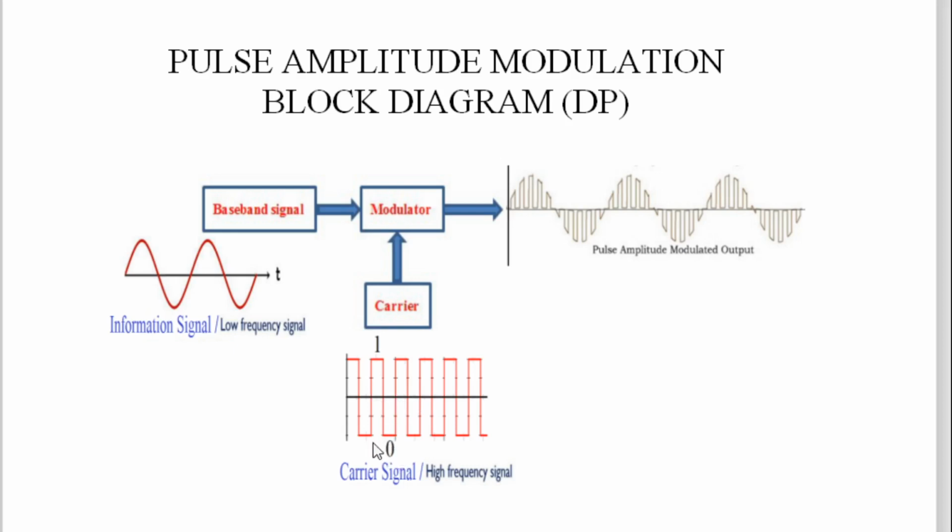That's why logic 0 here is in minus. If HVL is plus 5 volt, LVL will be minus 5 volt. If HVL is plus 12 volt, LVL will be minus 12 volt. This is the difference in the carrier. The carrier is high frequency, no problem, but it has LVL in negative.